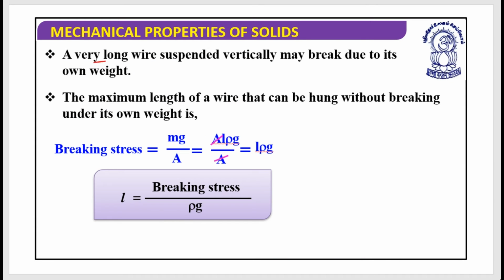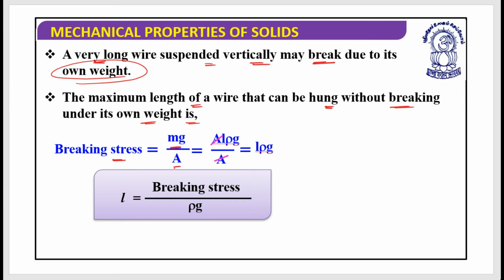So a very long wire suspended vertically may break due to its own weight. The maximum length of a wire that can be hung without breaking under its own weight can be found like this.